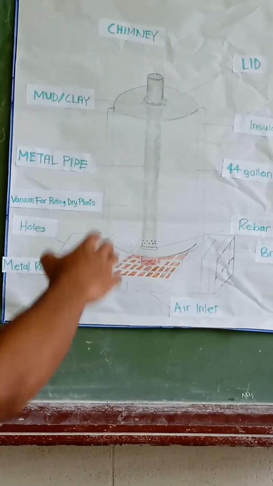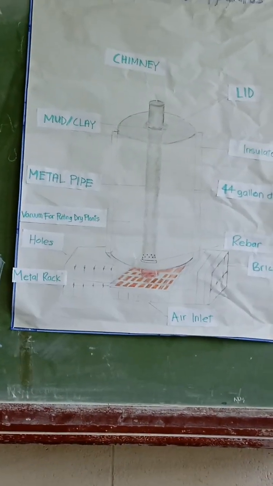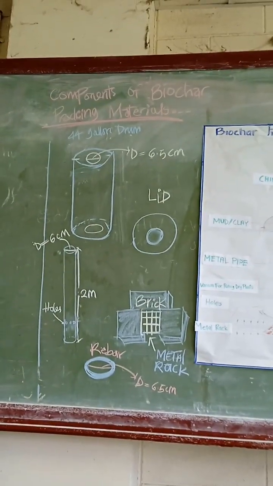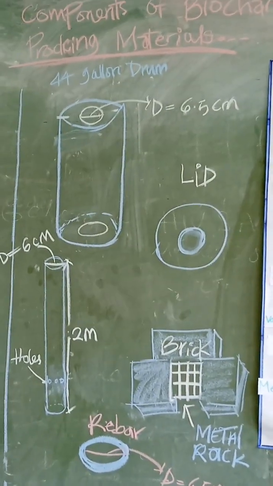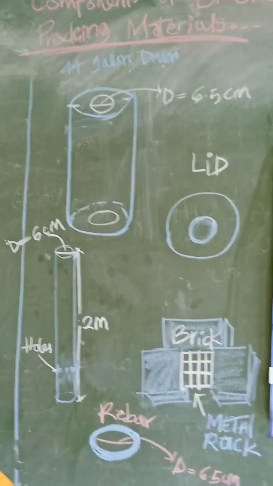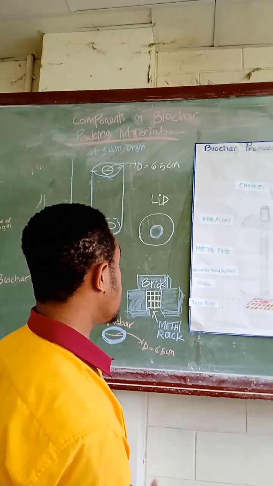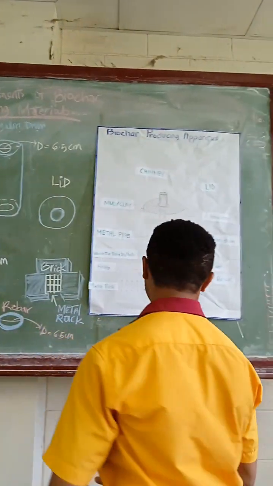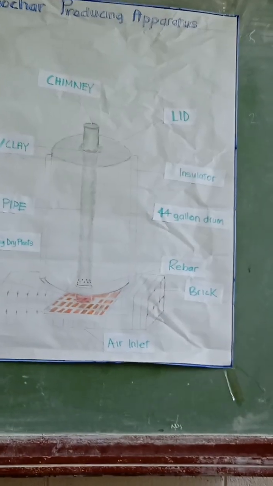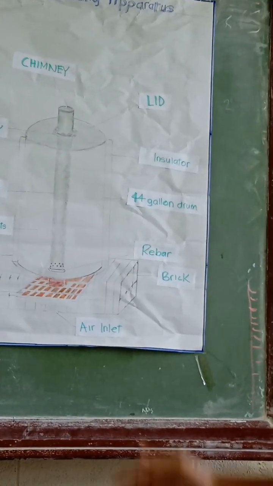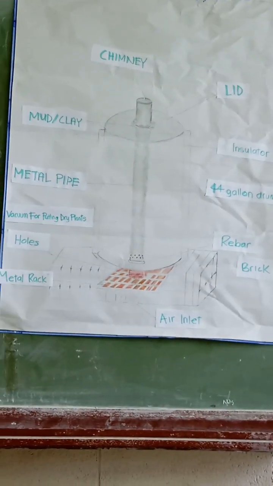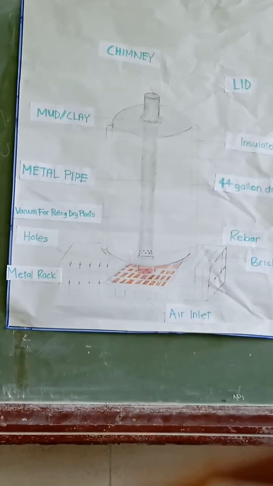The chamber, the metal drum here, is made from a 44-gallon drum, which has a diameter of 6.5 centimeters and a volume of about 265 liters. The other parts include the insulator, which traps the heat and holds it for a while in the drum, so that the dry plants that we put into the drum are baked properly.